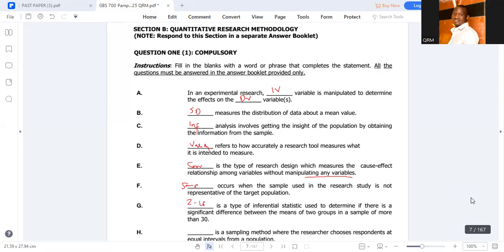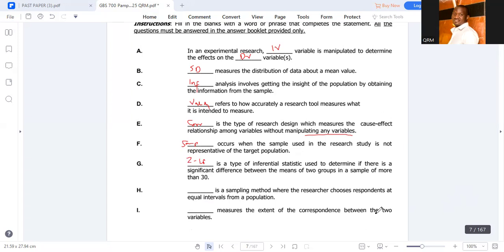Dash is a sampling method where the researcher chooses respondents at equal intervals from the population. Systematic. Systematic, correct.